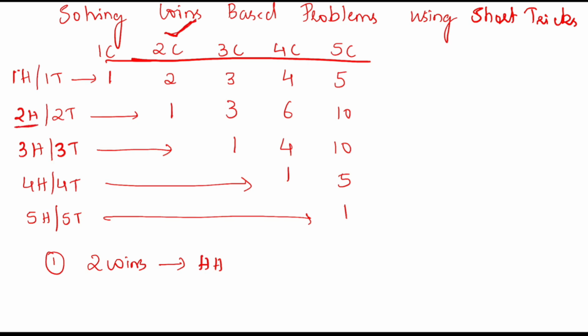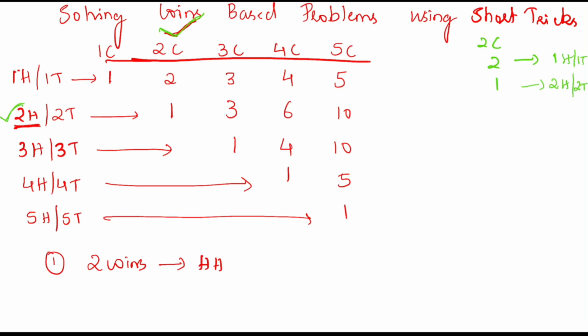So this column and this row: 2 coins and 2 heads. We should remember that when there are 2 coins, the outcomes are 2 and 1, and the first column is for 1 head 1 tail, and the second is for 2 heads and 2 tails.